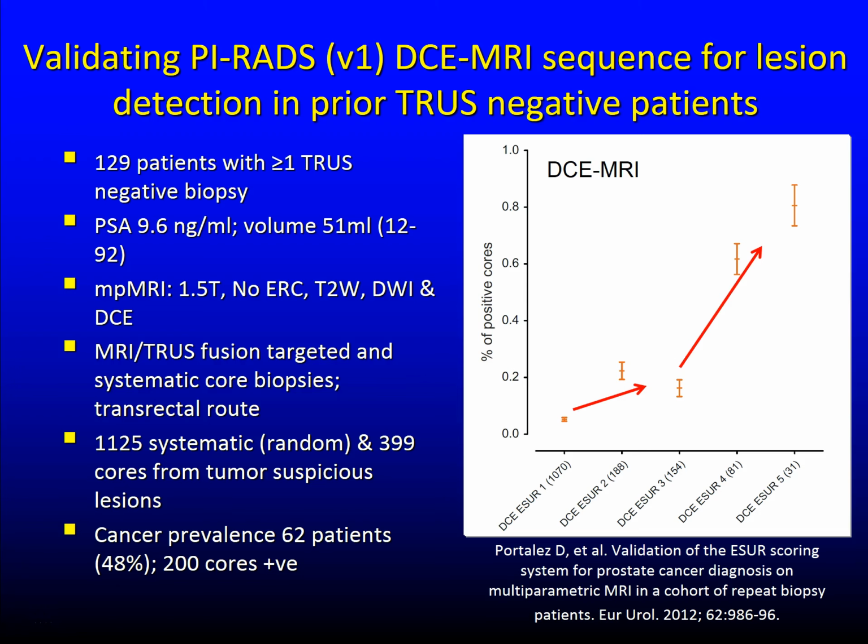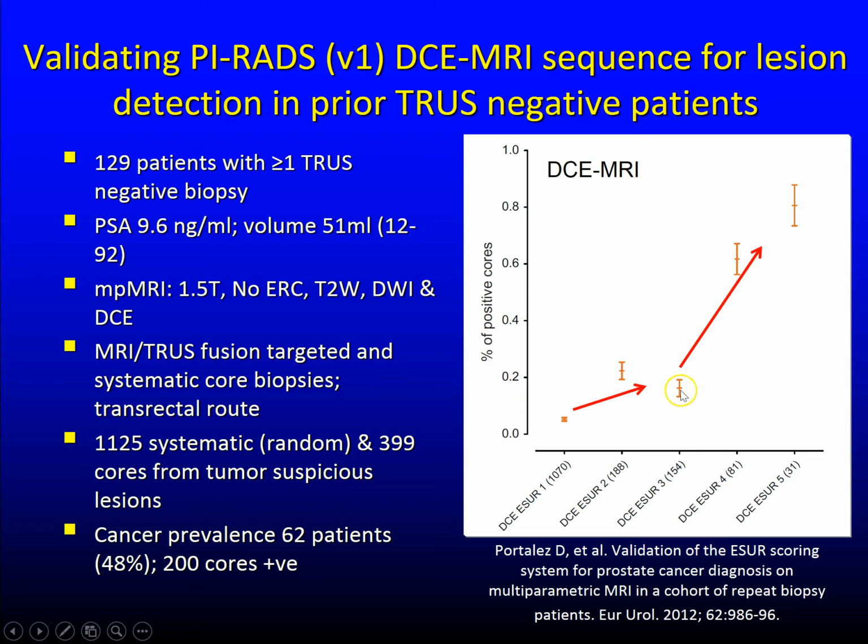So the PI-RADS version 2 system has not been comprehensively validated, but the PI-RADS version 1 system has been validated. So here's a study of 129 patients in prior negative truss biopsies, and you can see that if you perform targeted biopsies in patients with a DCE score of 1, then the chances of you getting a positive core are less than 5%.